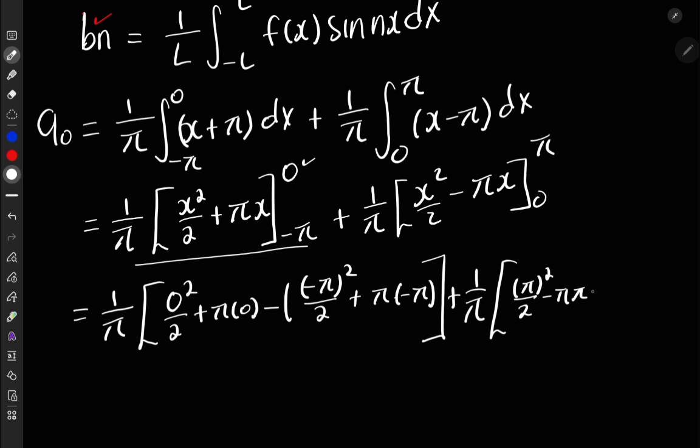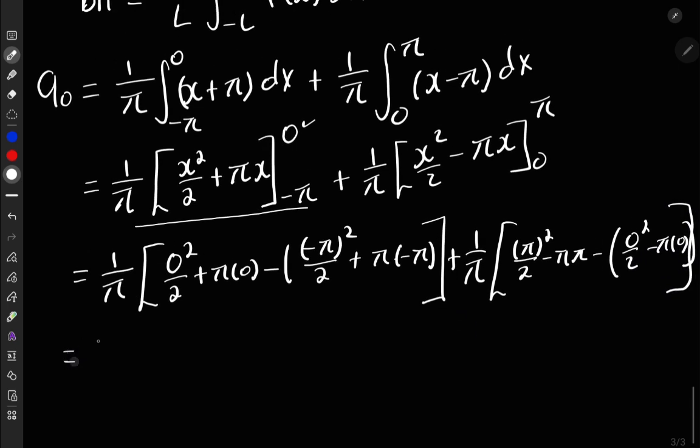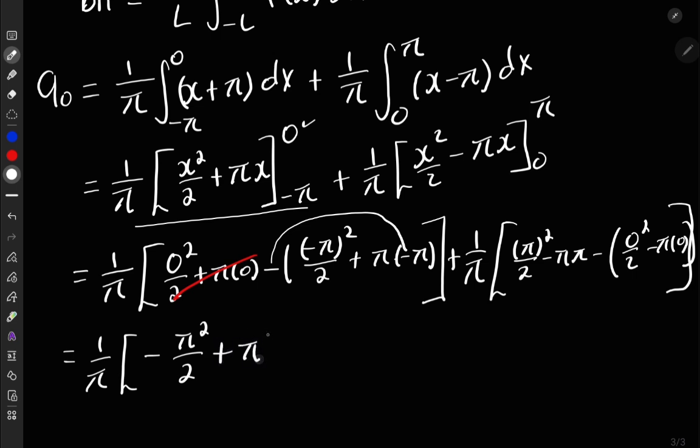When you substitute that one, it's just going to give you 0. And then 1 over pi into, this one is going to be 0, and that one is going to be pi squared over 2, and then this negative and that negative give you positive pi squared.